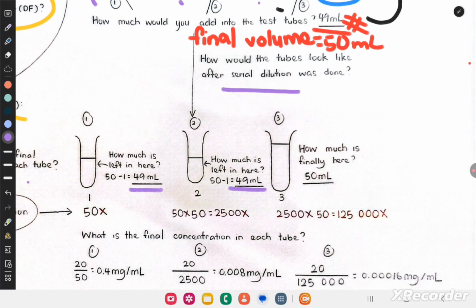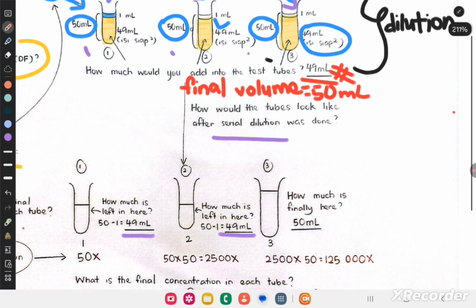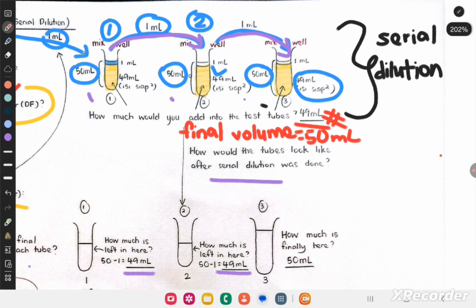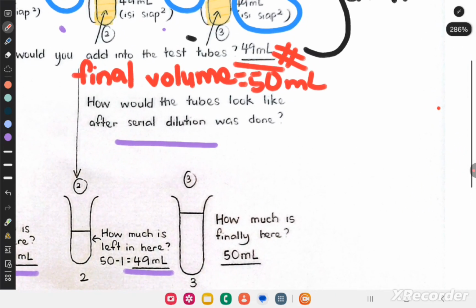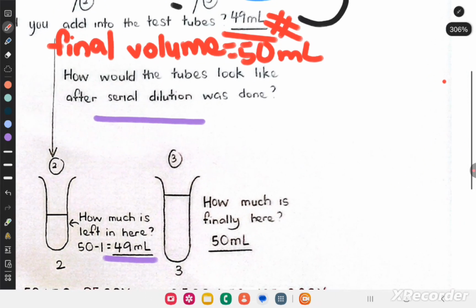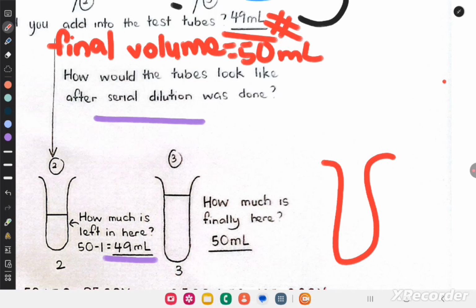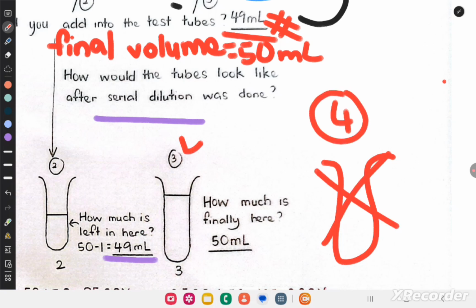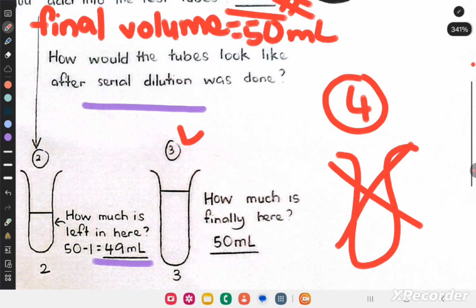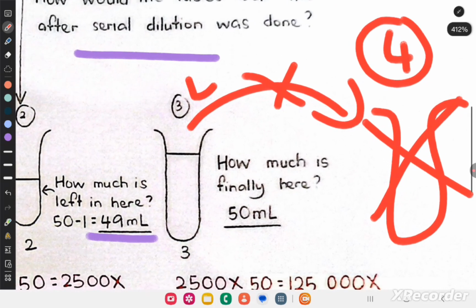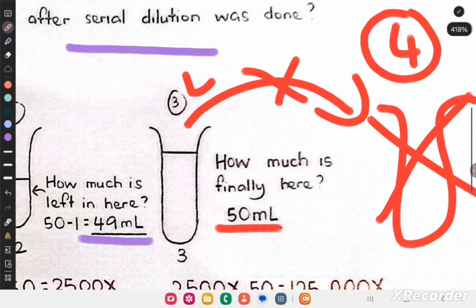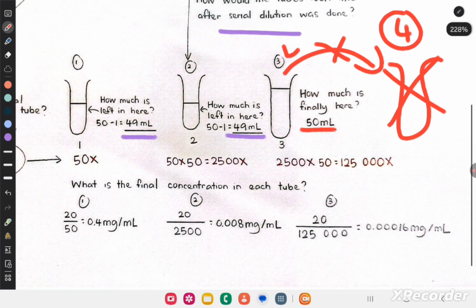But things come out different when we move to the third test tube, which will finally have 50 ml, because this is the last step in the serial dilution. We have no fourth test tube, so we just go until 3. We do not transfer 1 ml from here to here. So we will be left with 50 ml in the third test tube only.